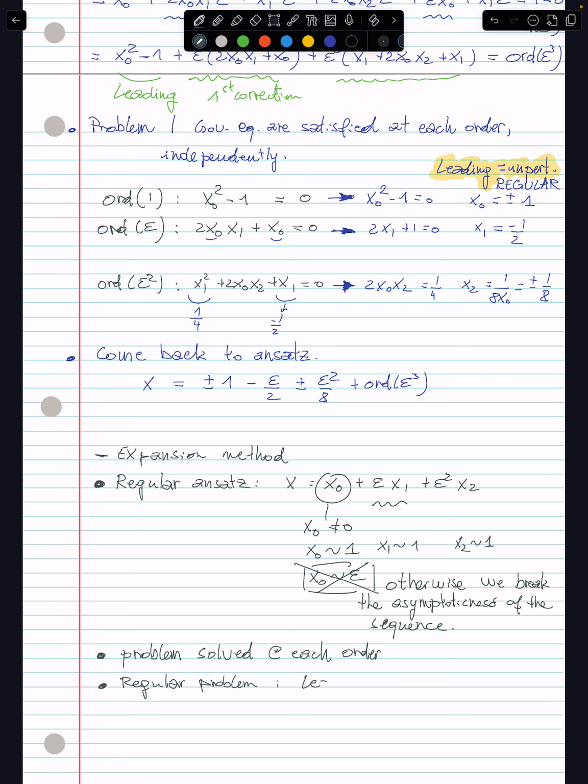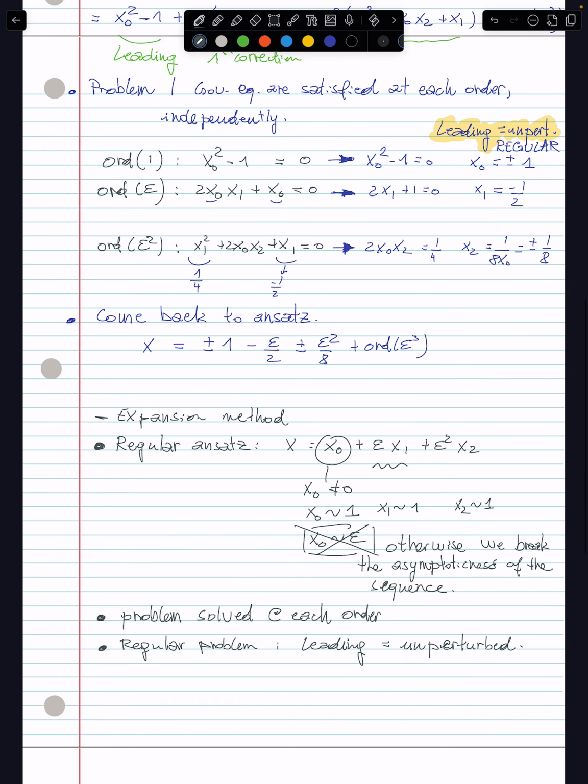The leading solution is exactly the same as the unperturbed problem, the solution of the unperturbed problem. And that's pretty much it by now.